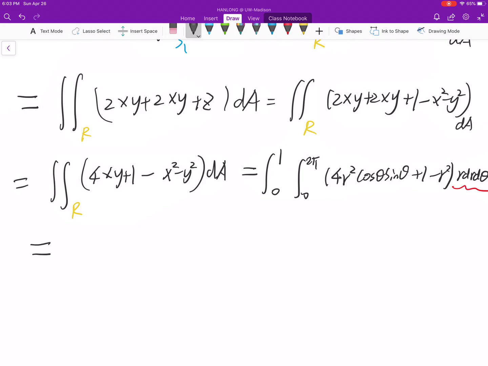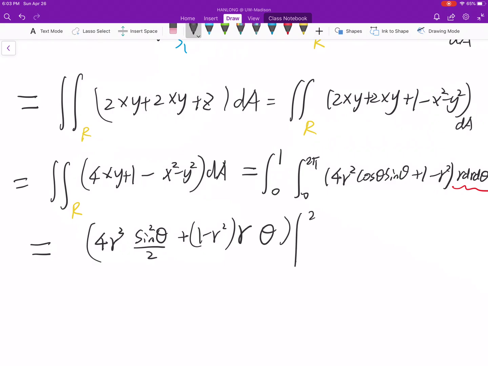Okay, next we can first do the theta integral. You have 4r squared times sine squared theta divided by 2, plus 1 minus r squared, with the extra r, evaluated from 0 to 2 pi.